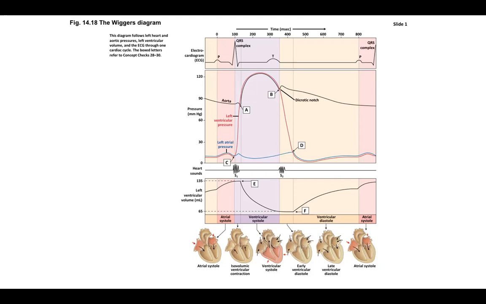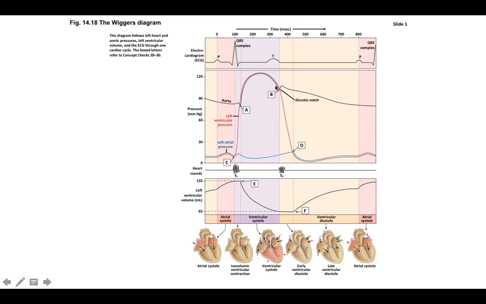And so this puts together everything. It puts together this pictorial view of the cardiac cycle, which is what we already saw. And it also puts together these graphs of what's happening to the ventricular volume, what's happening to the atrial pressure, what's happening to the ventricular pressure, which is the red curve, and what's happening to the aortic pressure.